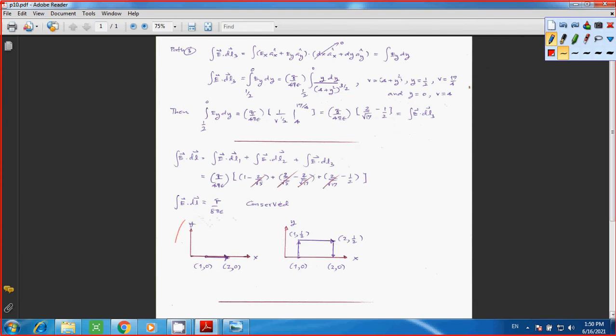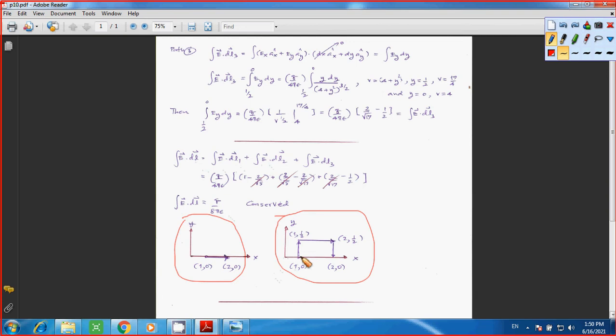And now if you want to compare, we worked out before the line integration from the path from point 1, 0 to 2, 0 straight. And the second one that we worked out on the line integration, you can add them up.